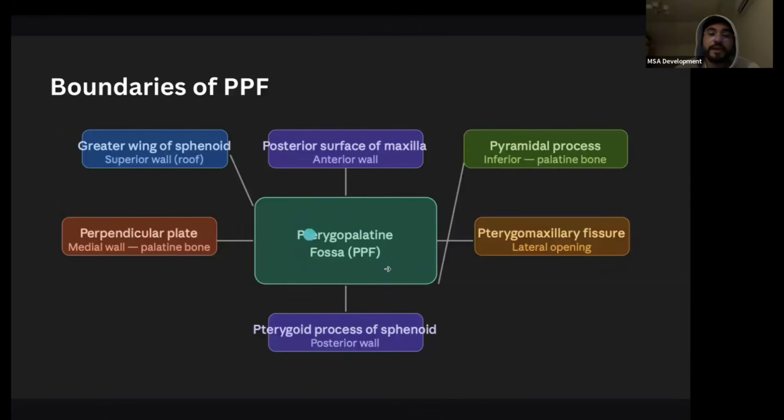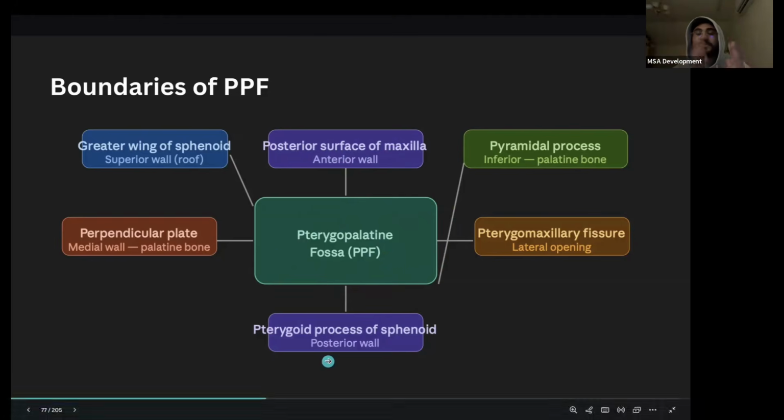So this is your pterygopalatine fossa. Anterior to it is going to be the posterior surface of the maxilla. Then the pterygopalatine fossa sits on the pterygoid process of the sphenoid, right?